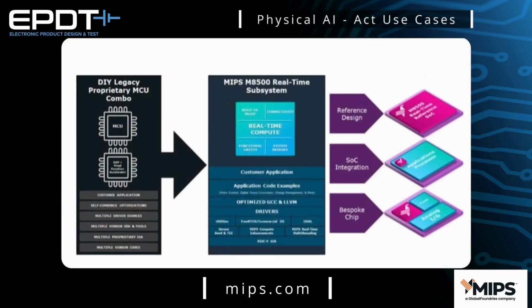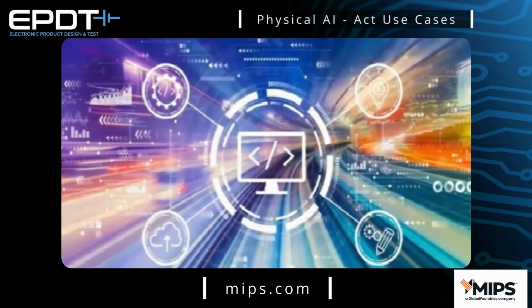Then you mentioned the M8500s. So obviously that's more dedicated, should we say, to the sort of ACT use cases we just discussed. So maybe you could just give us a bit more detail on that. So M8500 is a 32-bit architecture microcontroller class CPU.